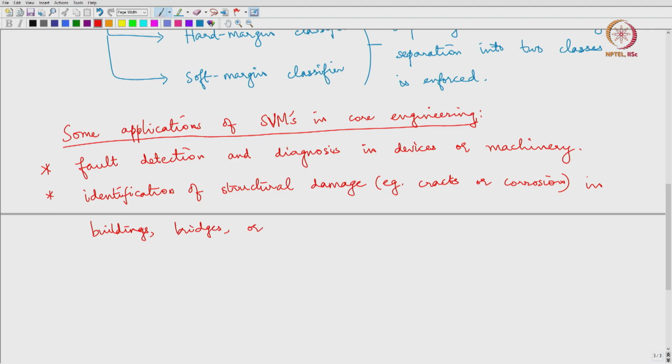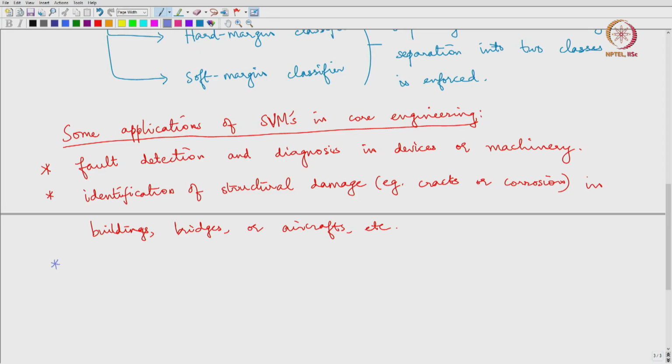Or even aircrafts. So this is one particular example, right, in which you may use features that you may extract. These could be based on images, they could be based on sensor inputs, they could be based on measuring devices, and then if you put all of them together you can collate them into a support vector machine that can make predictions. So these are a couple of examples.